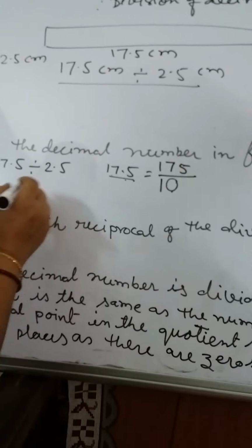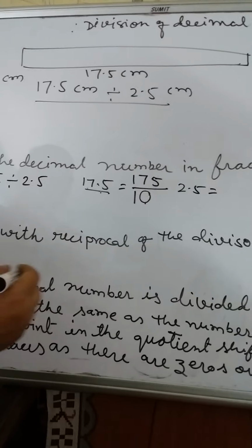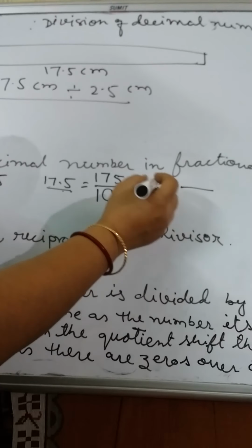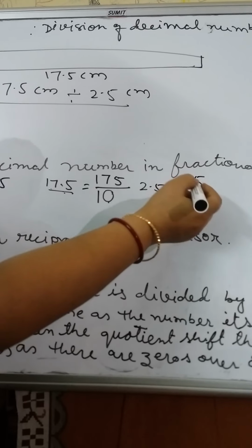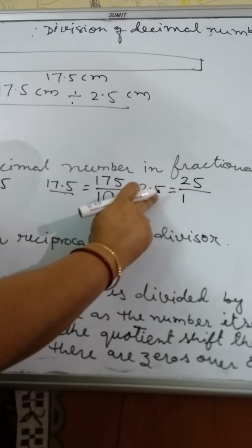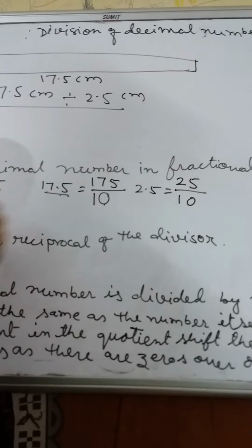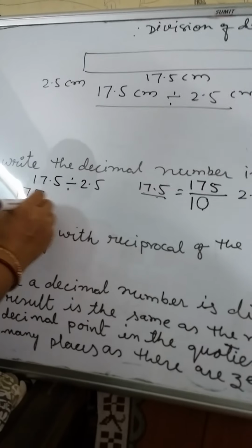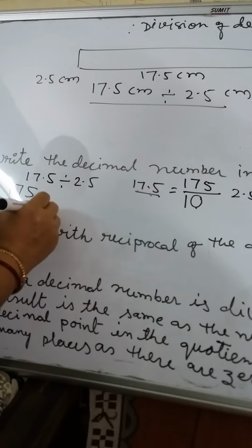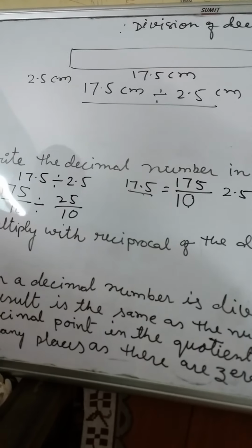Next, convert 2.5: in the numerator 25, and 1 digit after the decimal, so it is 10. So it becomes 175 by 10 divided by 25 by 10.